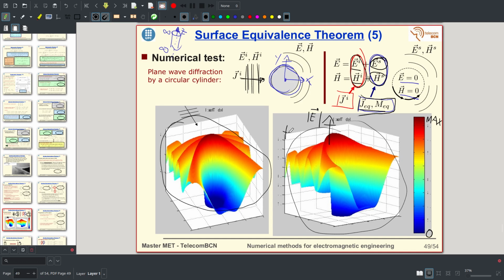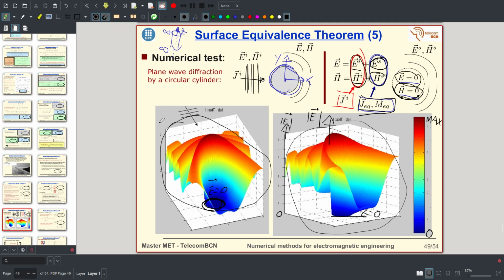So this is the magnitude of the electric field, and here we have 0 field, okay? Inside the cylinder, this is the cylinder, inside the cylinder we have 0 field. Exactly the 0 field that we set in the equivalence theorem.